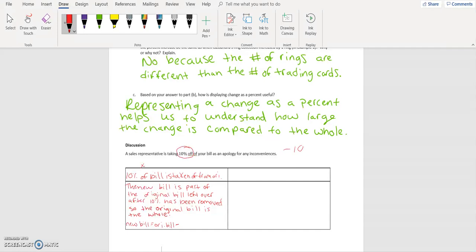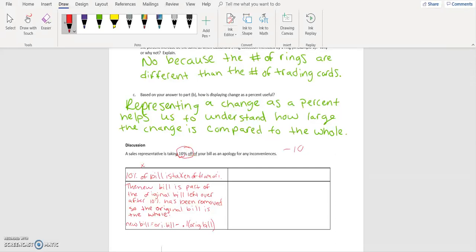So 10%, we're moving that decimal 2 places to the left. So that is 0.1 when we're actually working with it, times the original bill. Okay, 10% of the original bill, we had to take that away from the original bill.